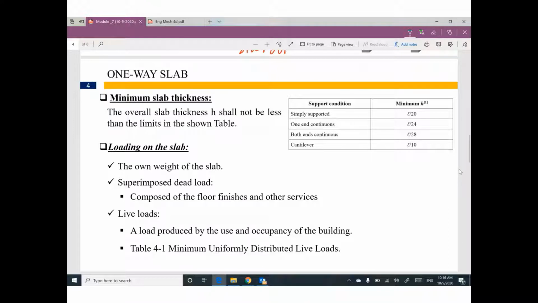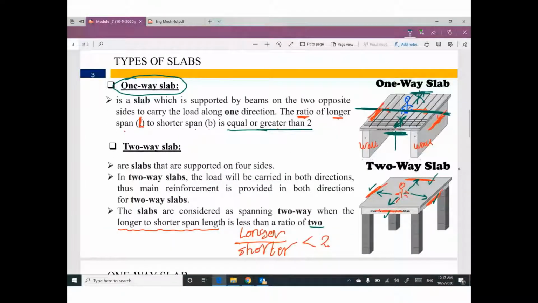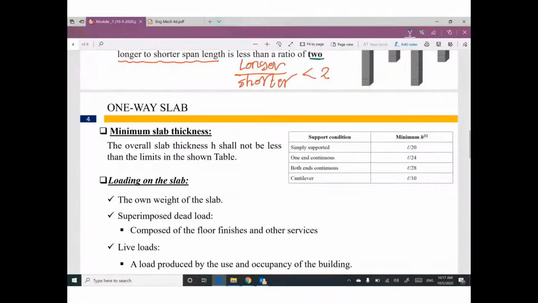You cannot go below this recommendation, but you can go higher. If you have a slab simply supported like this one, only one slab between only 2 supports, that means your thickness is probably the span divided by 20.